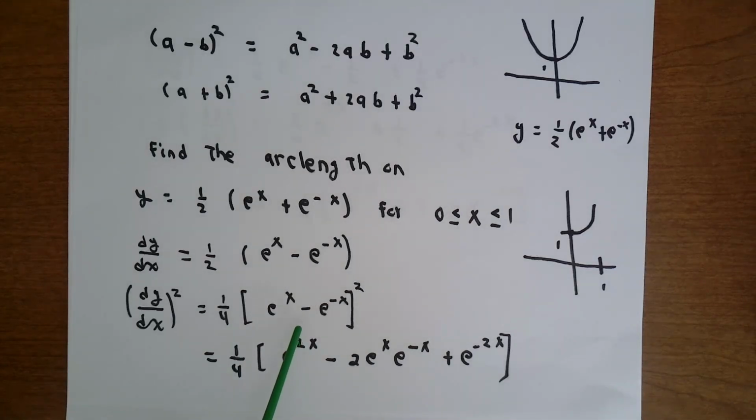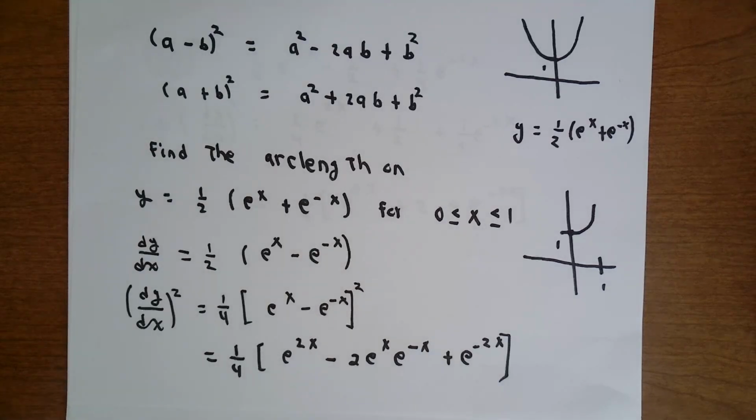If you square e to the x minus e to the minus x, what you get is e to the 2x minus 2 plus e to the minus 2x.